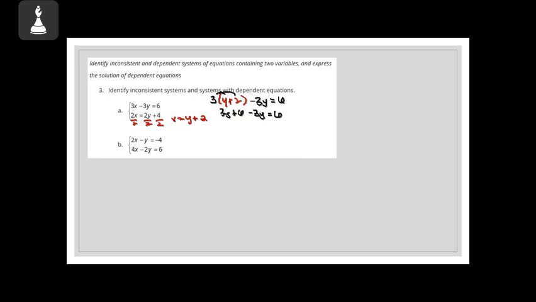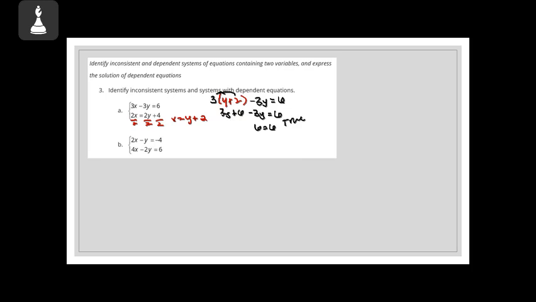Well, 3y minus 3y makes no y's, so then I'm left with 6 equals 6, which is a true statement. So if you simplify completely and you end up with a true statement, we have what is called a dependent system.